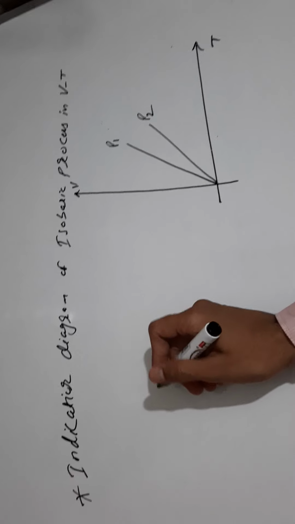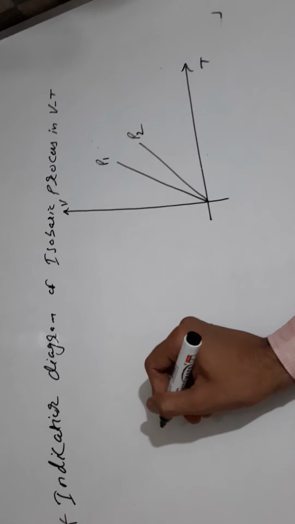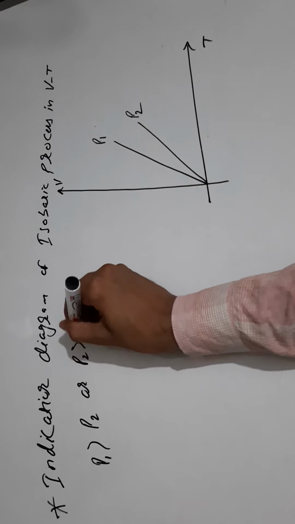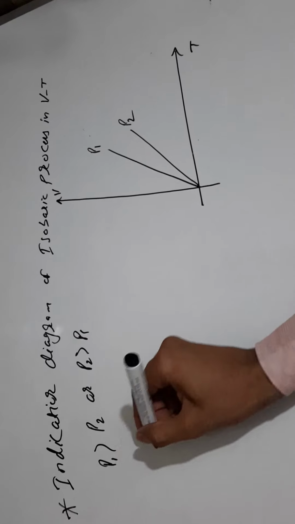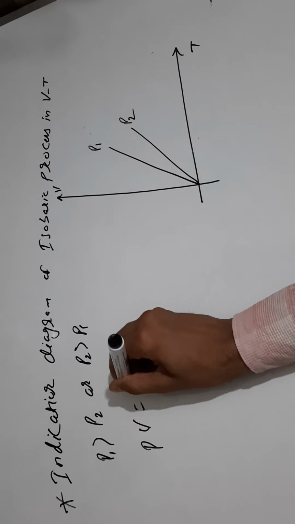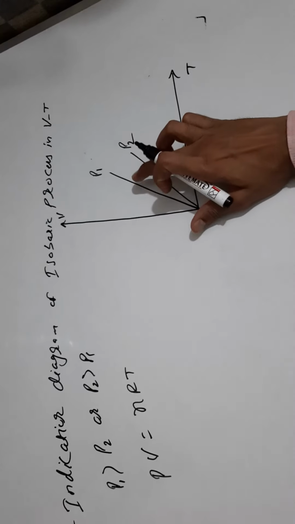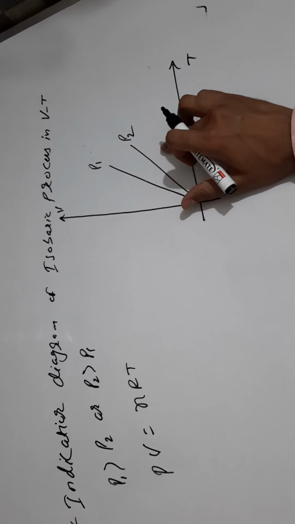According to the ideal gas equation, we can write PV is equal to nRT. So how to find the equations for the lines of P1 and P2? This is very simple.